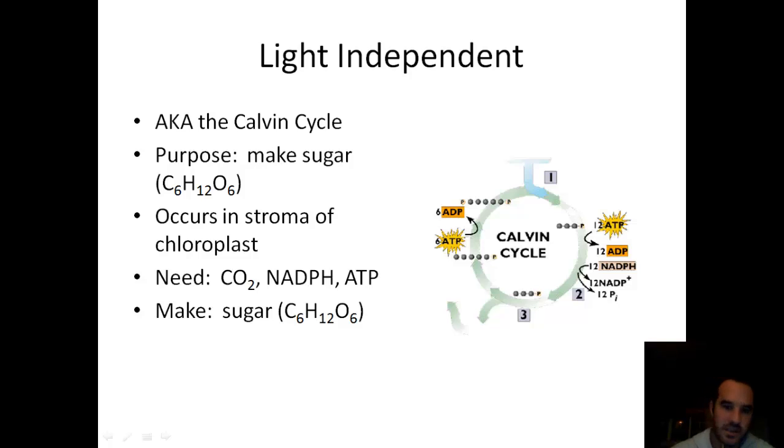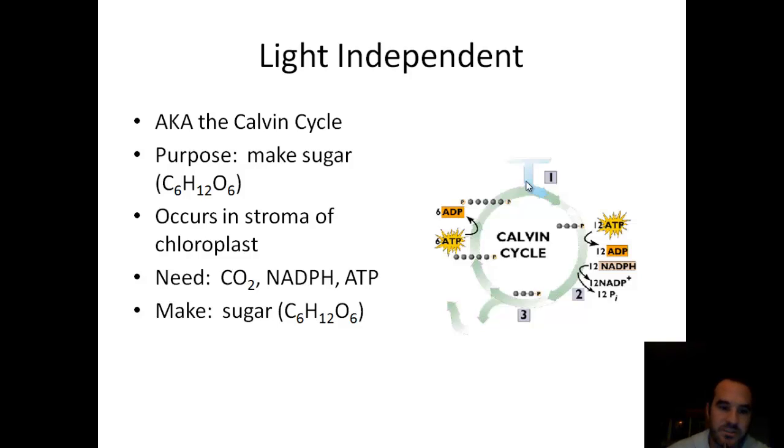Okay, so let's look at light independent. We're not going to follow the different forms of the carbon molecules as they go around. The light-independent reaction is where you're joining carbons together. The plant's able to do carbon chemistry and form carbon-carbon bonds. It's also known as the Calvin cycle because it was discovered by Melvin Calvin.